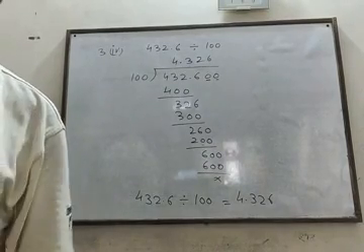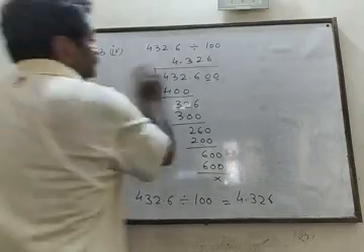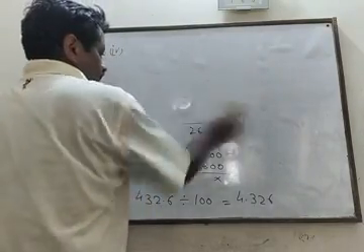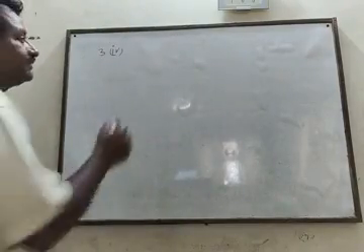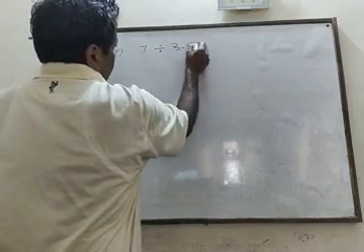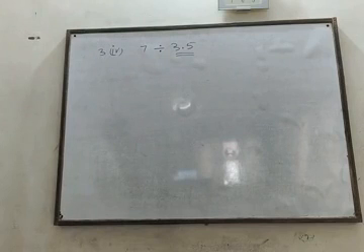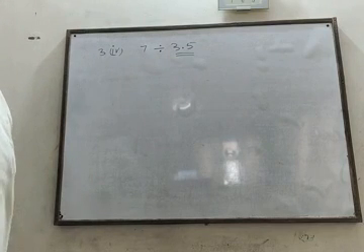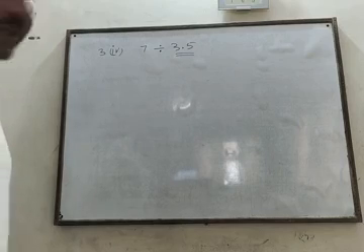Question number 5, first part. Now in question number 5, there are decimals in the divisor. In the divisor there are decimals. So if divisor contain decimal, we will convert into fraction, then we will divide it.